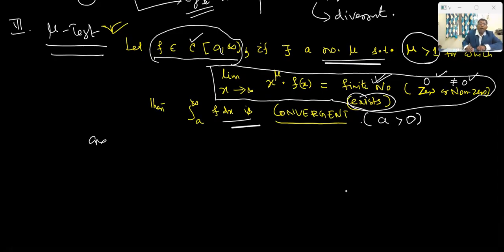Now the question is, what will happen for mu less than or equal to 1?